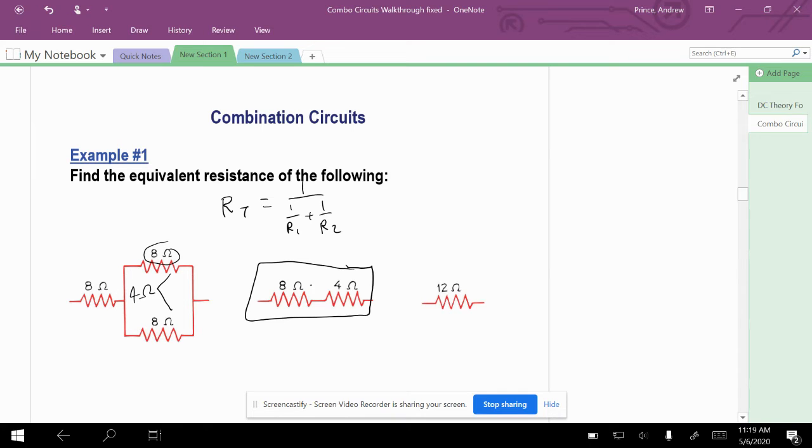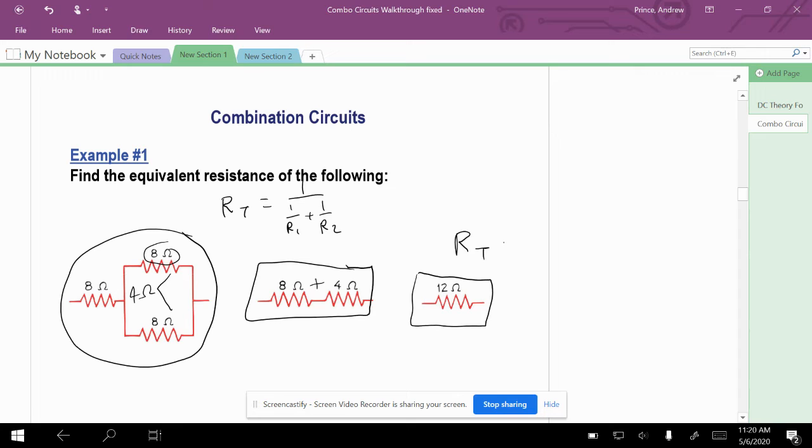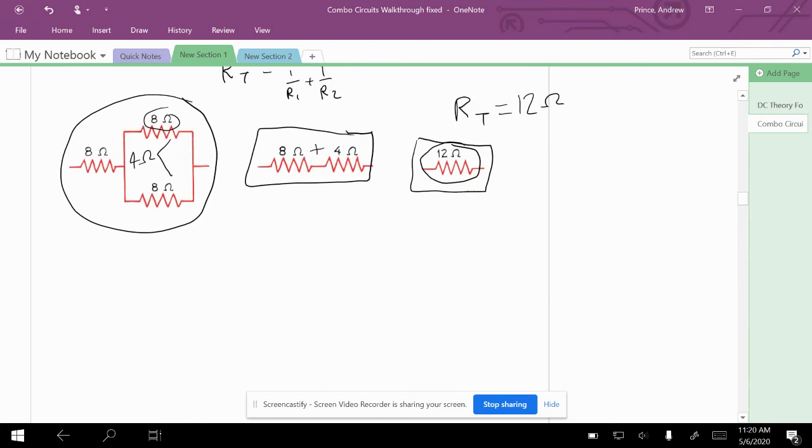So to make this even easier, we can just simply add those two together and get a single imaginary resistor, which represents the resistance total for our original combination circuit here. So the resistance total for that is 12 ohms, which is the same as this simple resistor we used by combining these previous ones here to get this.